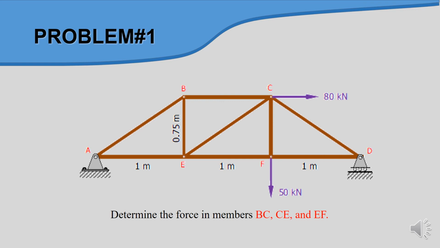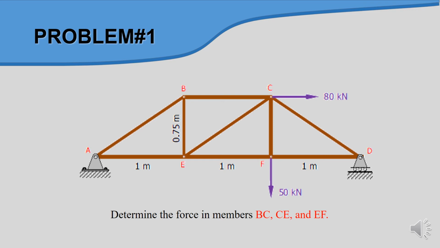The first thing, you need to consider the external force first. You try to get the values of AX, AY, and then DX, DY. And then you proceed to get the value of each member.